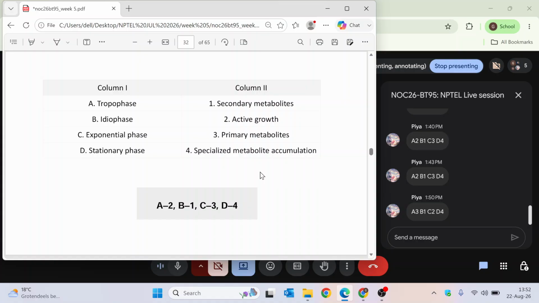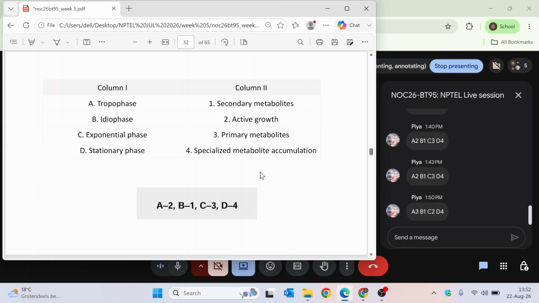Okay, so in trophophase, what happens is in the initial growth phase, you can see an active growth. Here, the cells will divide rapidly and experience intensive primary metabolism. So, what you generally get confused about is which stage is which.